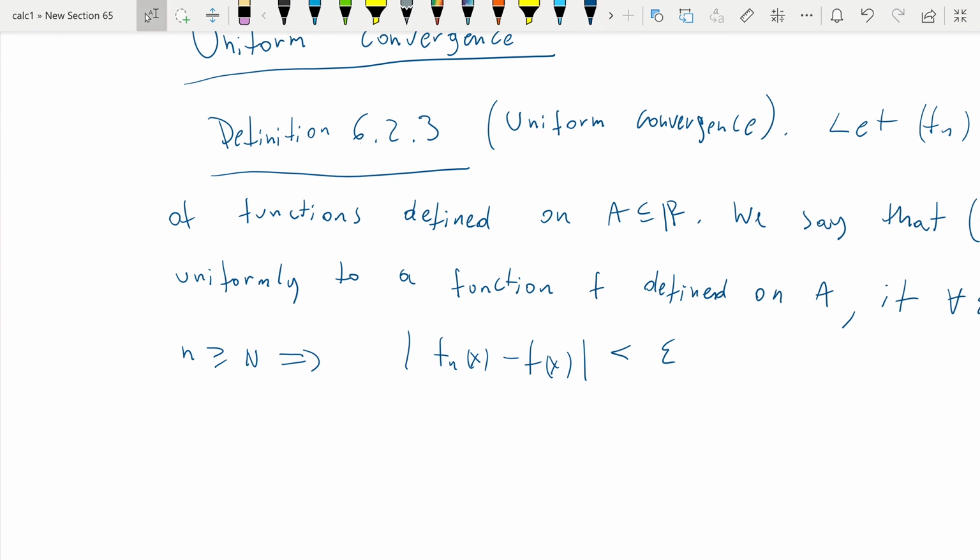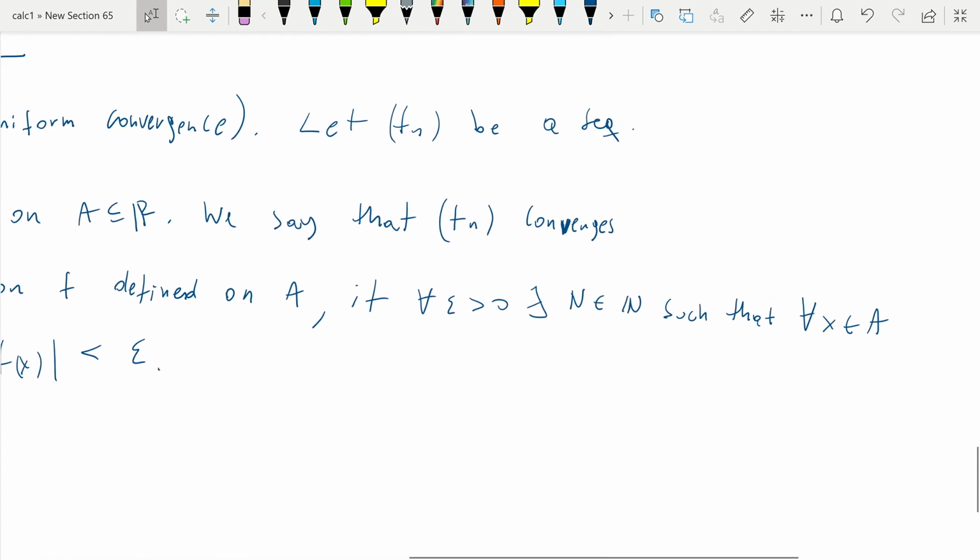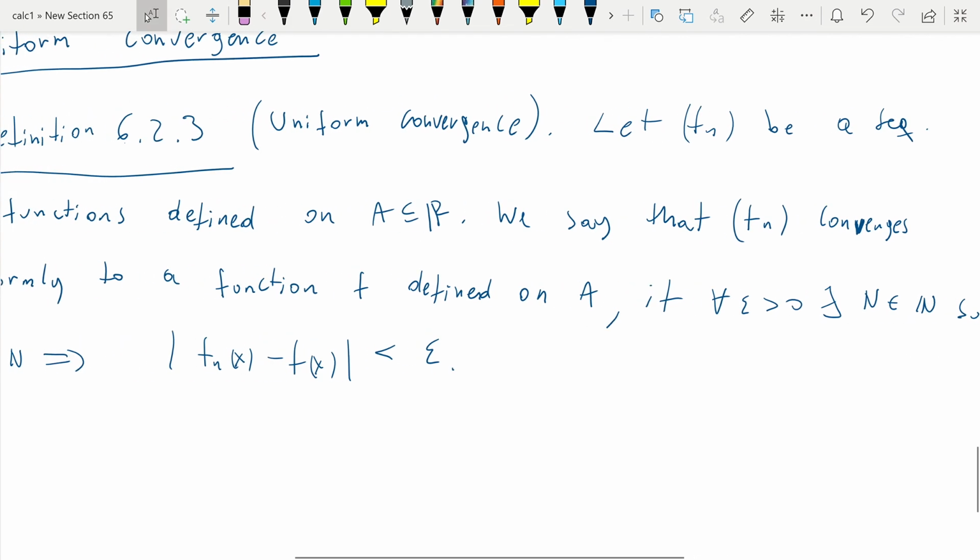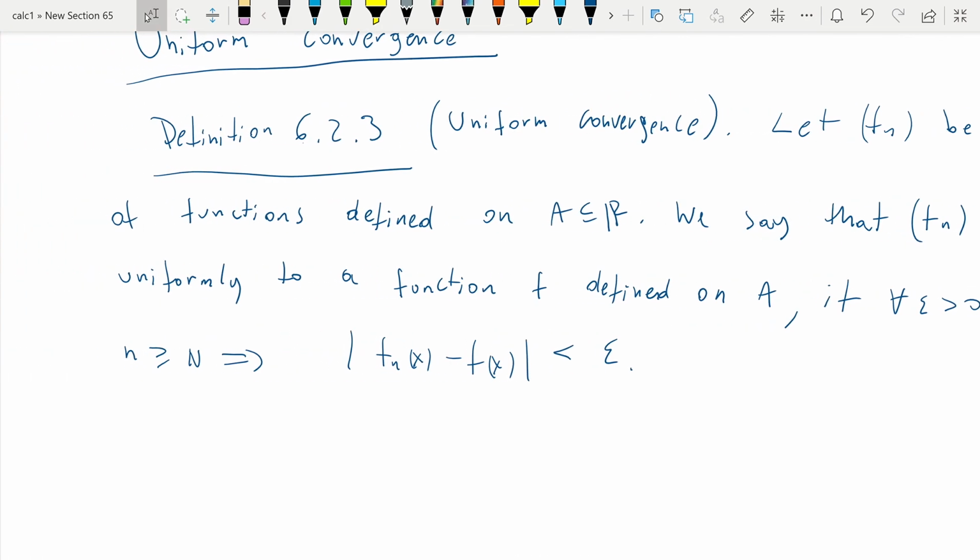N being greater than or equal to N implies that |fn(x) - f(x)| is less than epsilon. So again, this quantifier goes after this one, so the N here cannot depend on x. No matter what x you put in here, this is going to be smaller than epsilon, regardless of the value of x.